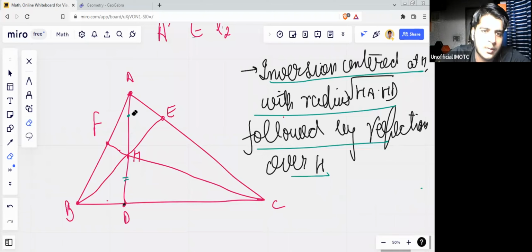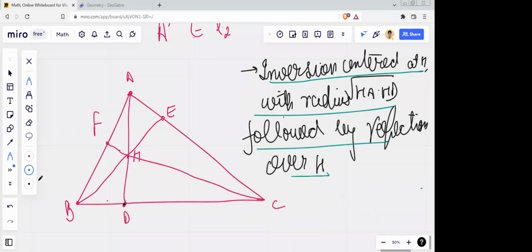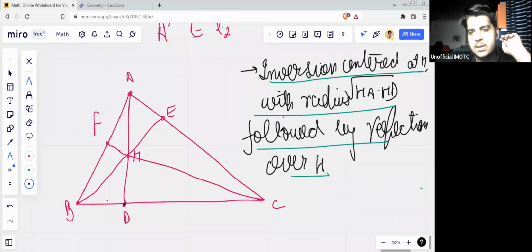So what will be the image of F now? It will be the reflection of C along H. Image of F after doing both these things, after inverting and then followed by reflection.